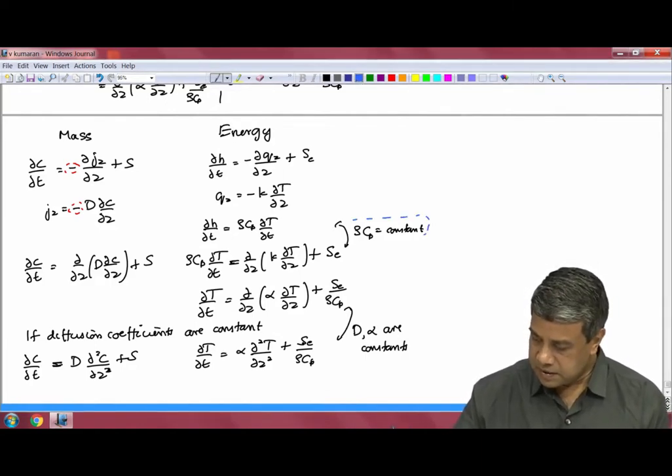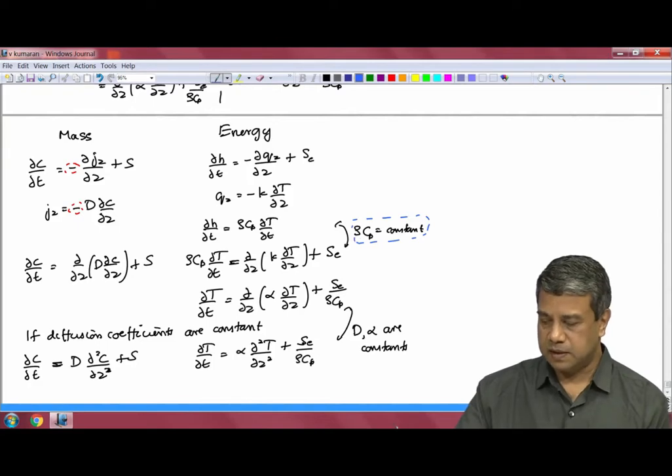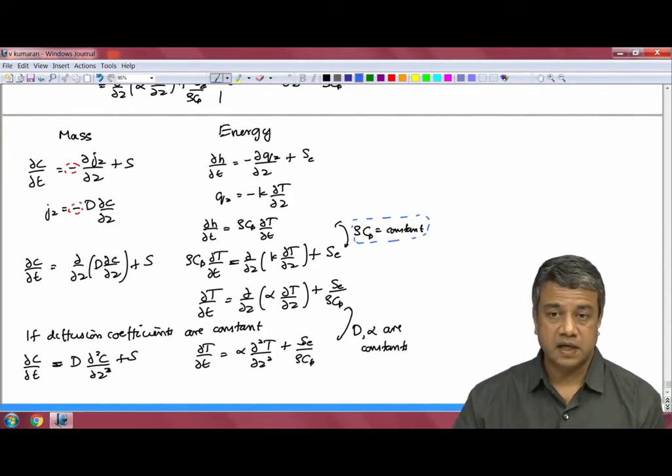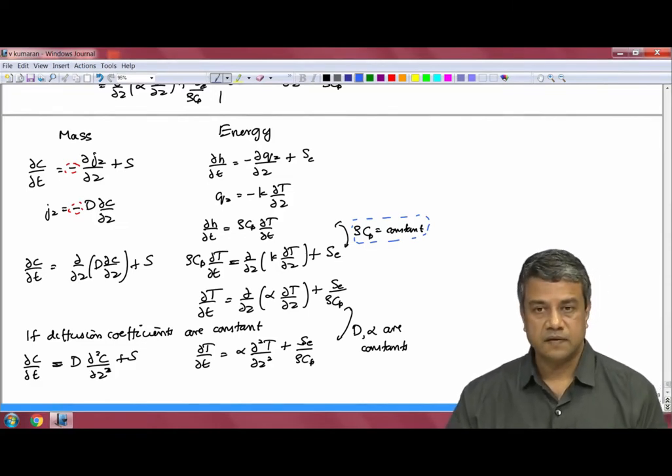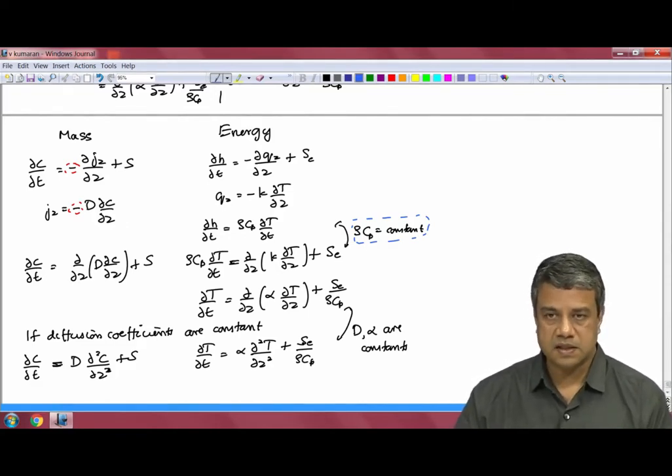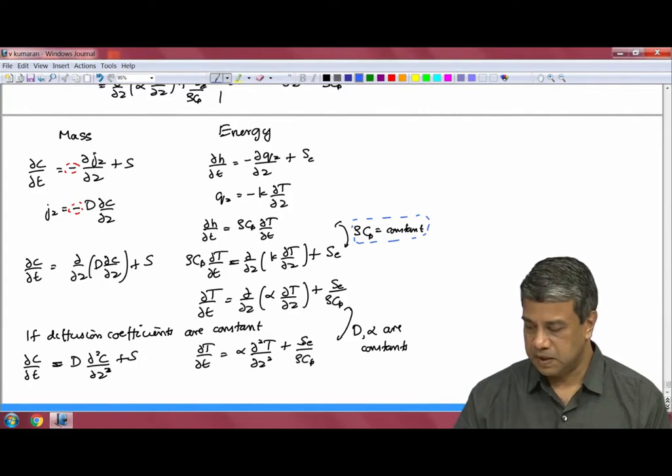This first condition is actually followed in many practical applications. For an ideal gas, for example, Cp is independent of temperature. The specific heats are independent of temperature, and if the gas is incompressible, then the density is independent of temperature.